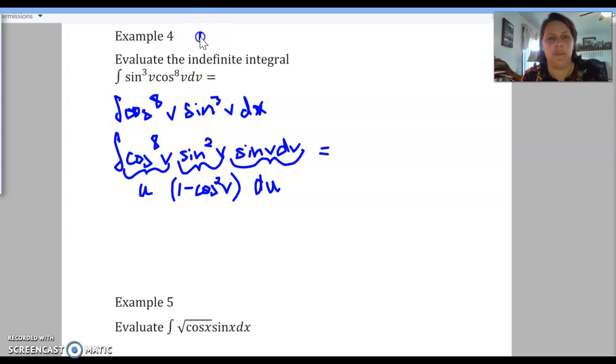And then up here, we know we want to say u is equal to cosine of v. Now we've got to be careful here because there is going to be an extra negative we have to keep track of, because the derivative of cosine is negative sine v dv.